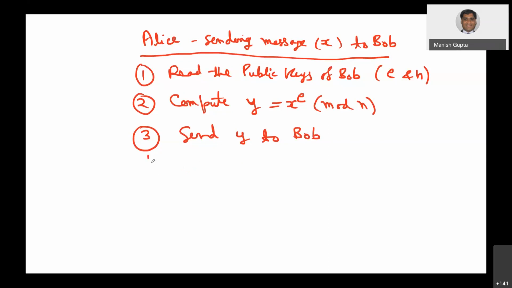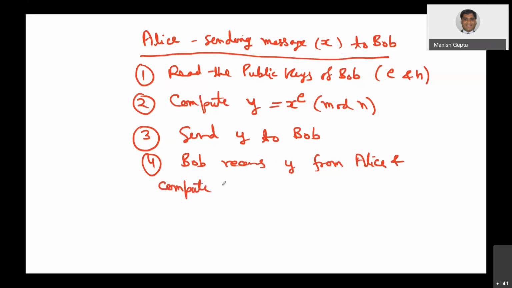Okay. Now, fourth thing, Bob receives Y from Alice and computes. Well, Bob wants to read the message.